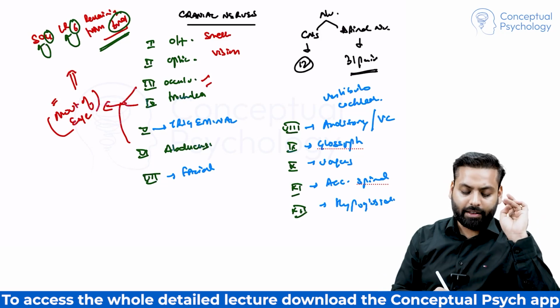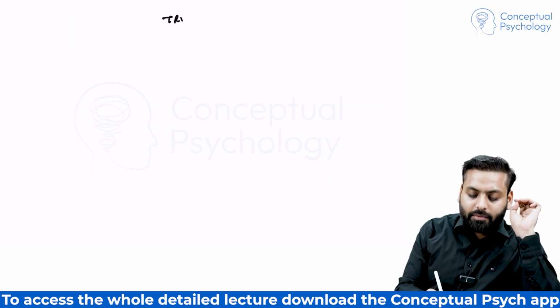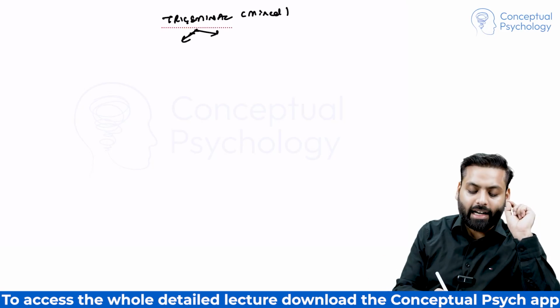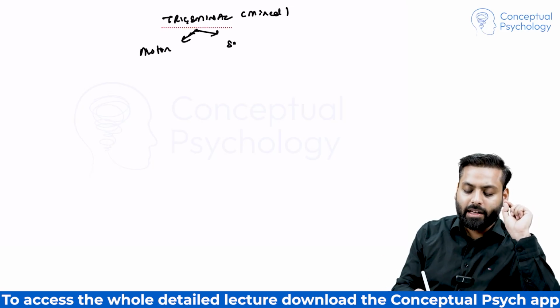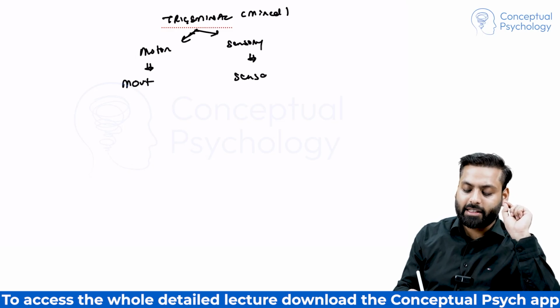Okay. Then trigeminal. I told you about trigeminal. Trigeminal is a mixed nerve. Mixed nerve means that it carries both motor fibers and sensory fibers. Motor fibers are for the movement. Sensory fibers are to carry sensations.